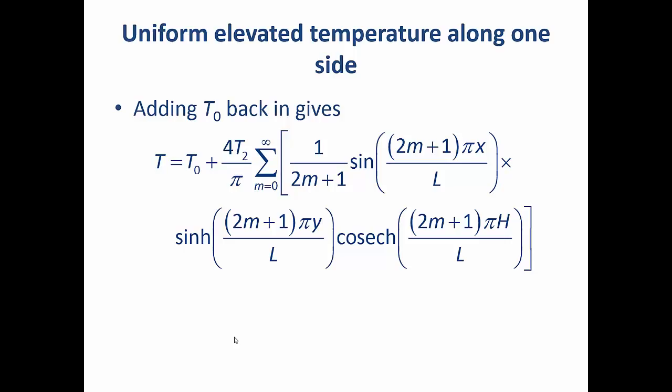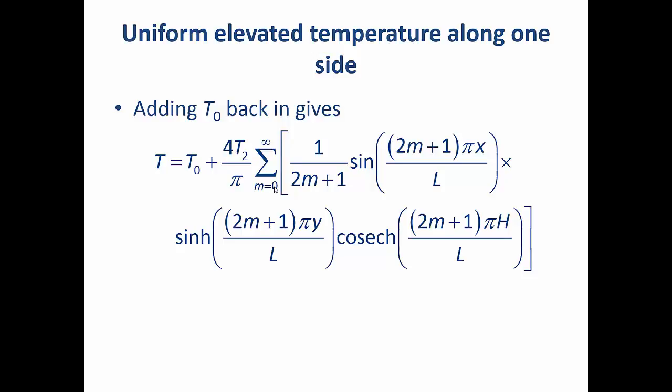Thus we can write our overall temperature distribution, also adding back in T0, as T equals T0 plus 4T2 over pi, the sum over m, where m goes from 0 to infinity, and replaces all our original n terms.